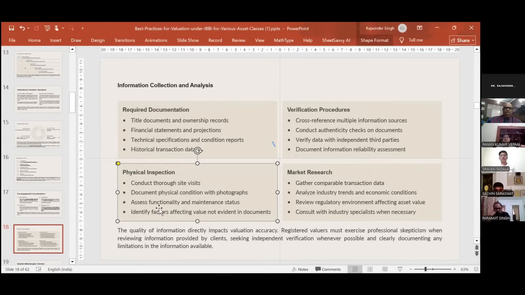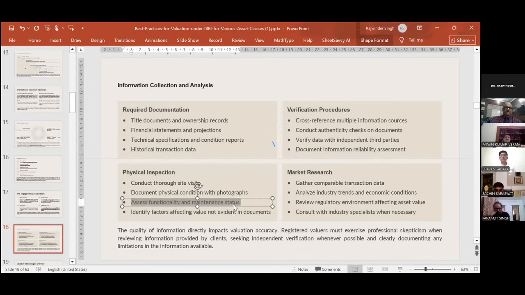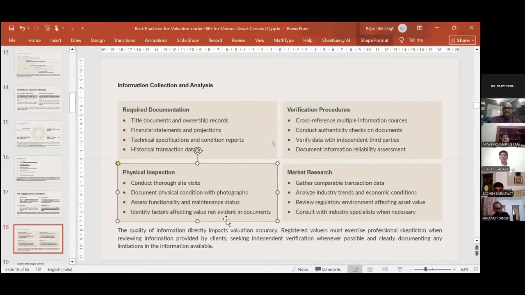They have to assess the functionality and maintenance status, which is especially important for plant and machinery valuers. They have to assess the functionality of the machinery and maintenance status of the machinery. And they have to identify factors affecting the value not evident in the documents.